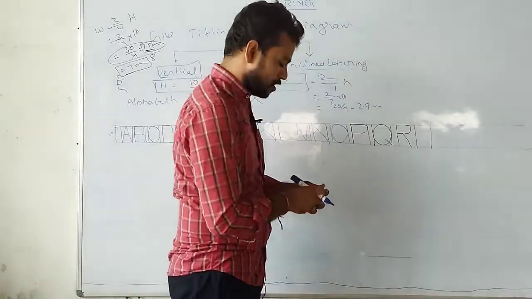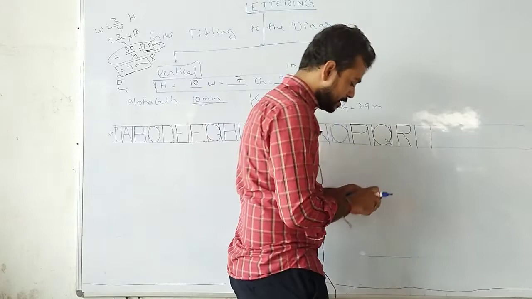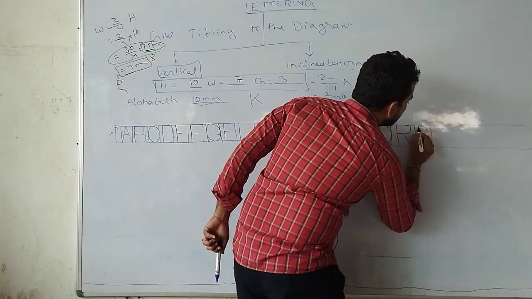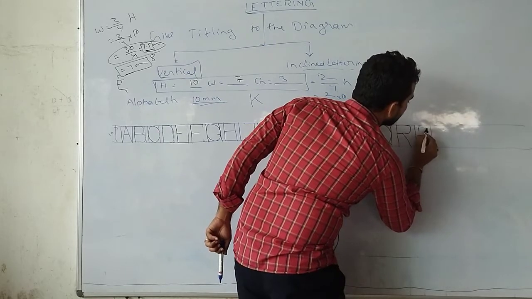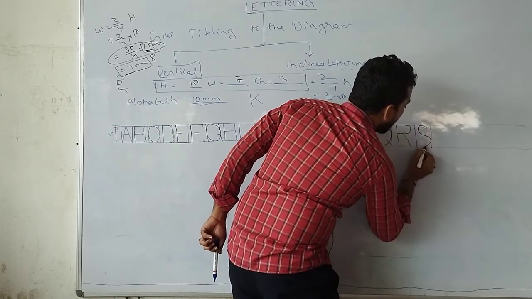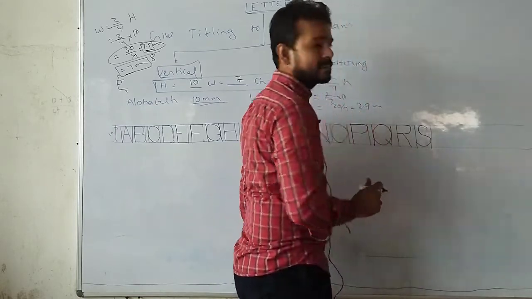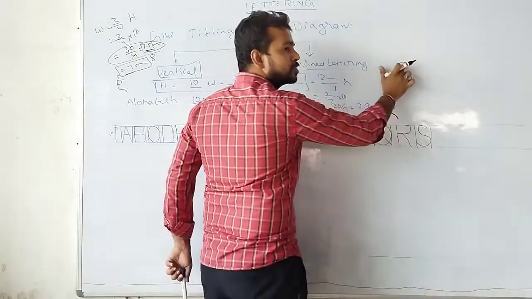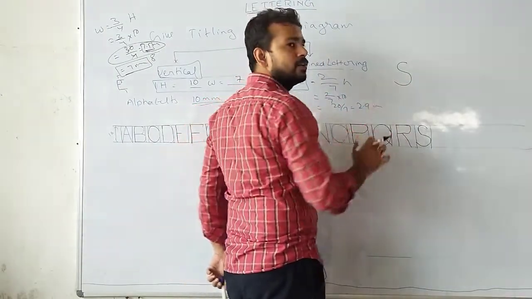After this, draw this as is. This is S. See, two curves are there. The top one should be smaller and the bottom one should be very big.